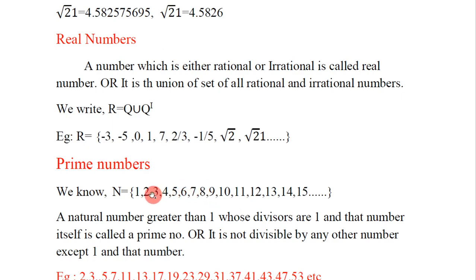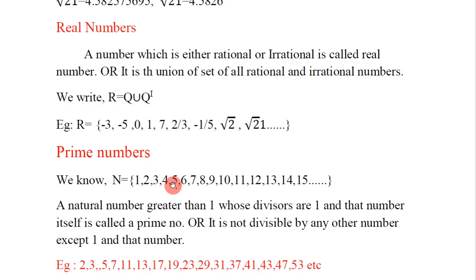That means it is not divisible by any other number except 1 and that number. For example, if we consider 6, 6 is divisible by 1 and 6. Other than that, 6 is also divisible by 2 and 3. So 6 is not a prime number. But if we consider 5, 5 is divisible by 1 and 5. Except 1 and 5, 5 is not divisible by any other number. So 5 is a prime number.